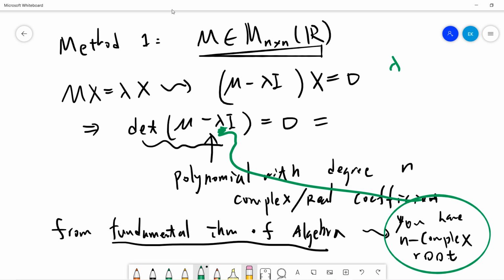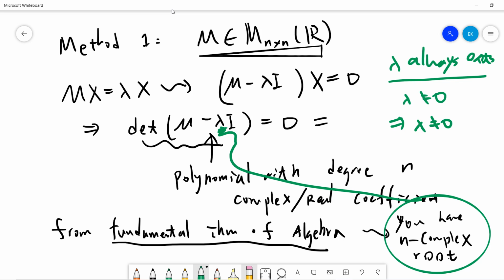So lambda always exists. In general, it is easy to see that if lambda is non-zero, x must be non-zero.